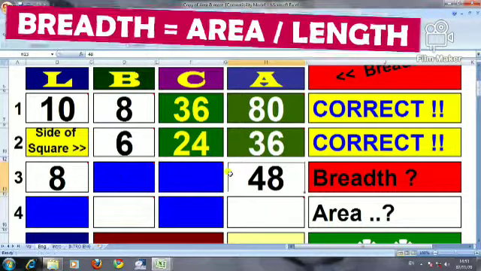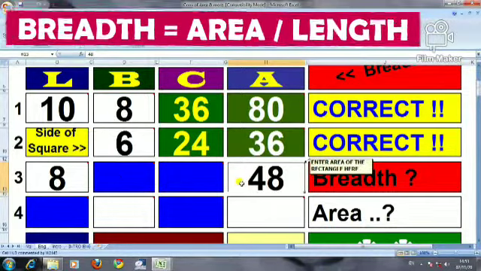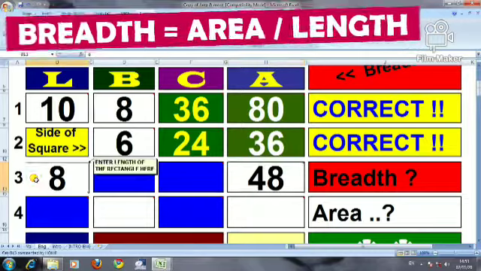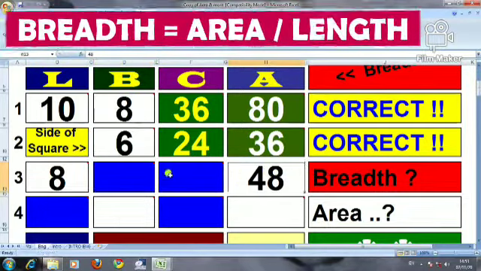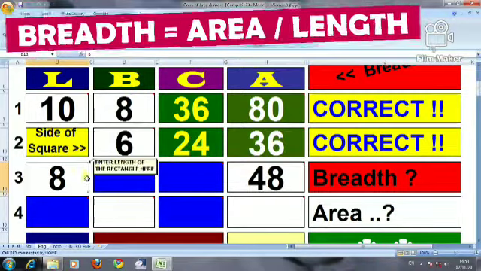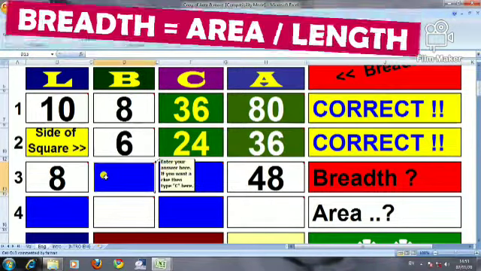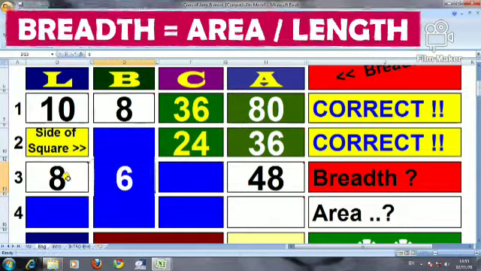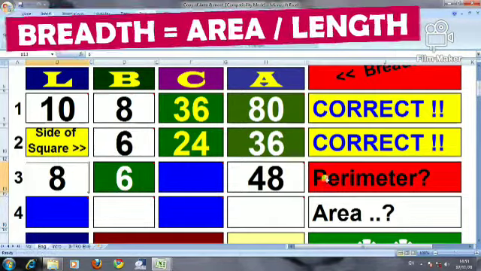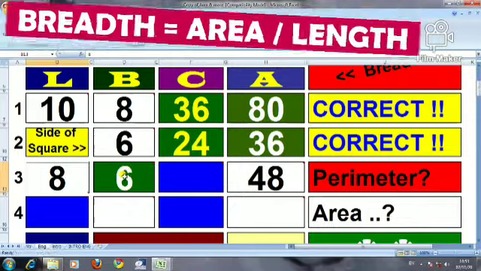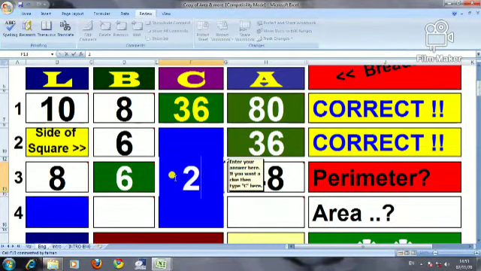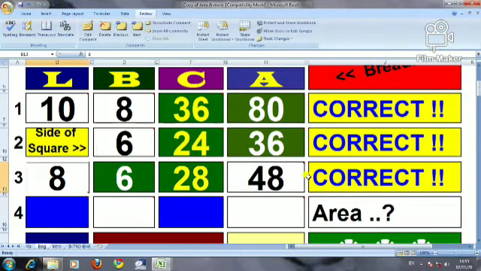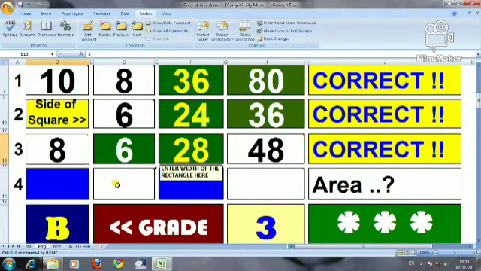Now we have to divide area by length, then we will get breadth. 48 divided by 6 is equal to 8. We add 8 here. See, now perimeter is asked. Now 8 plus 6 is equal to 14, into 2 is equal to 28. Now you see correct.